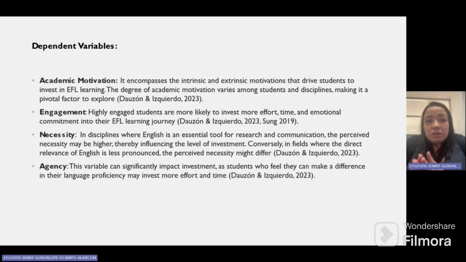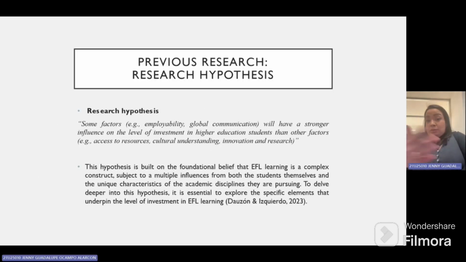And the last one is agency, because students can feel that the way they control their time to learn can make a difference in their proficiency, and they are more likely to be invested.